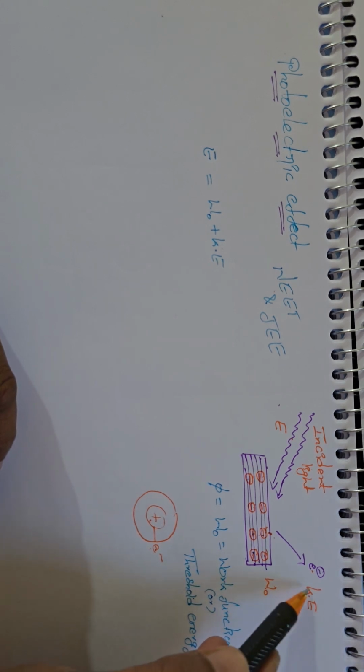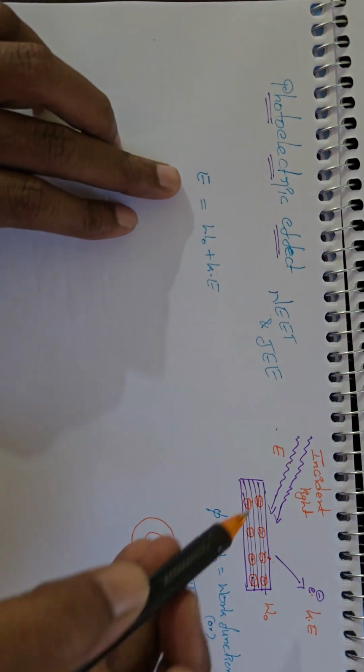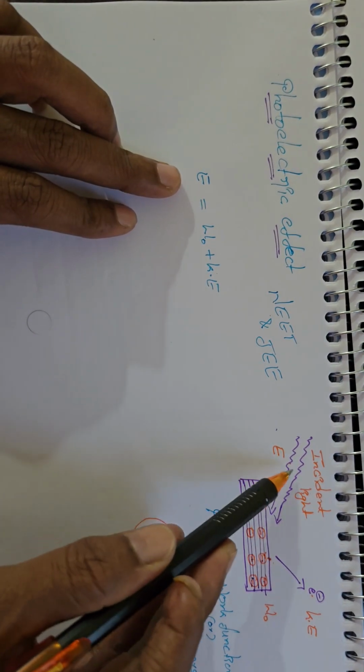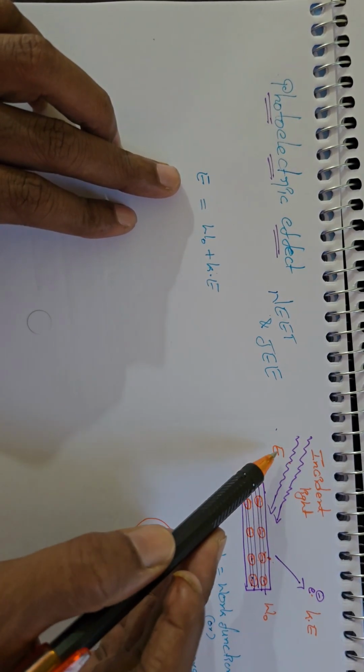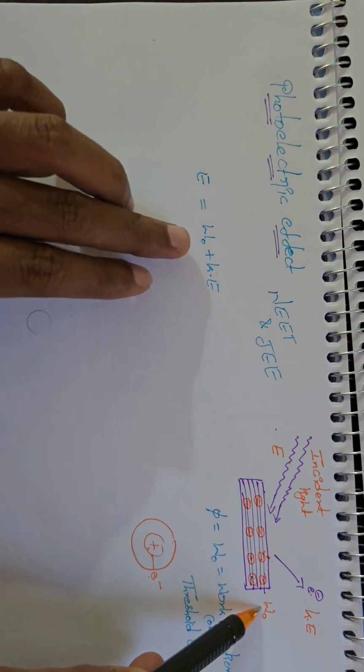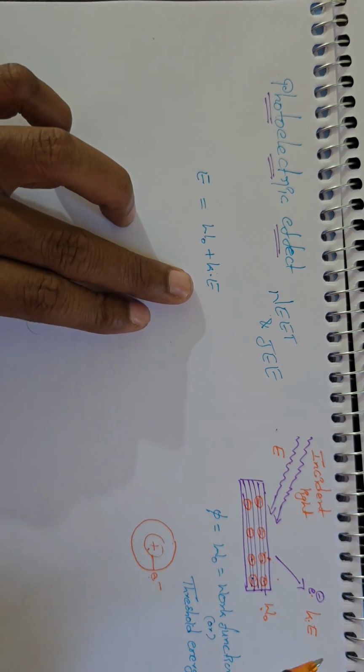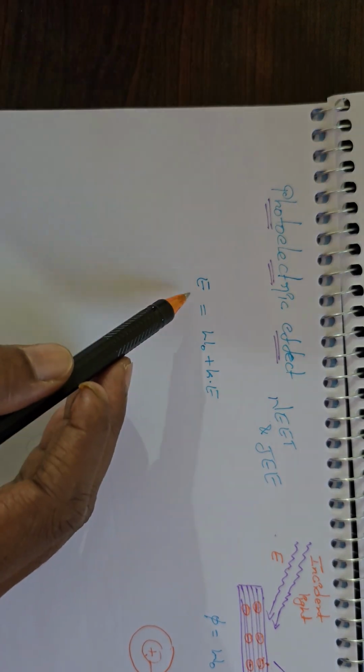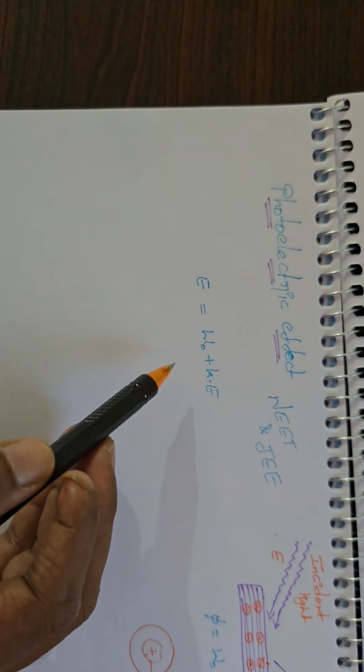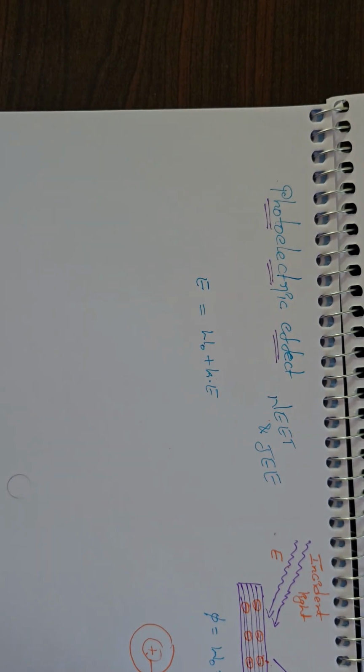So here is the formula: the total incident light energy is utilized as W naught plus KE. Here E is the incident light energy, and W naught is the work function or threshold energy.